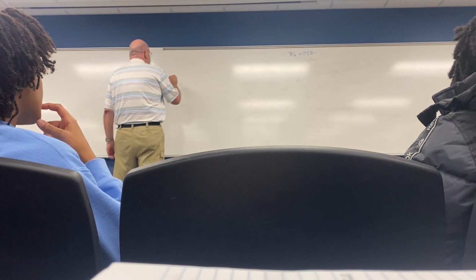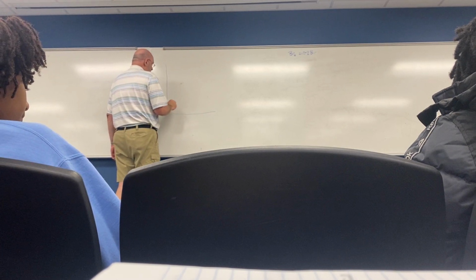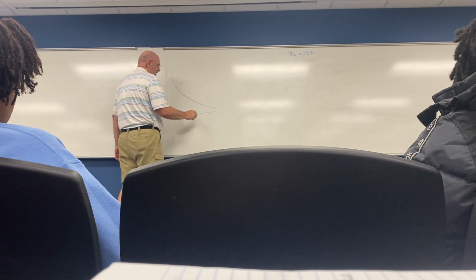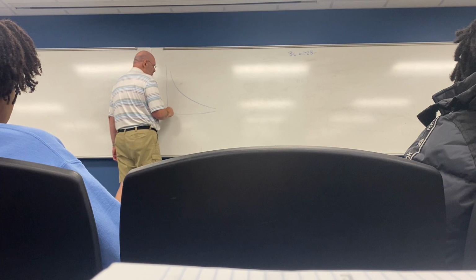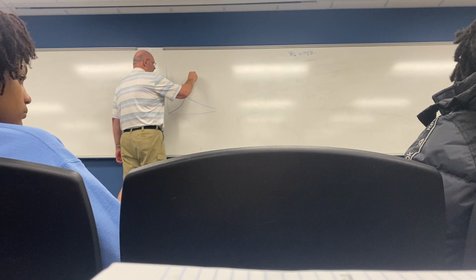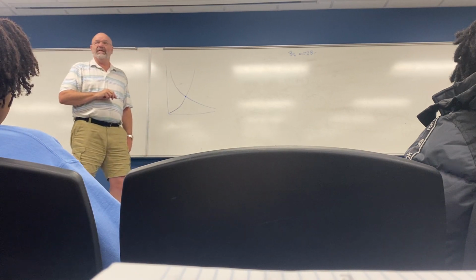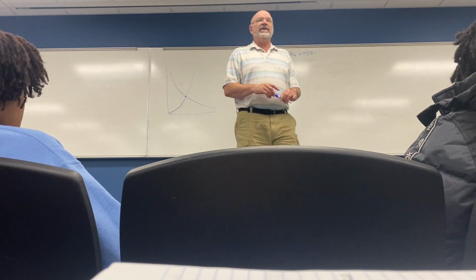If you were to take a look at a graph of this, you would say, hey, here's my BR2 and here's my BR minus. And that point where they cross, where the rates are the same, is that rate we're talking about right here, where they end up being the same.